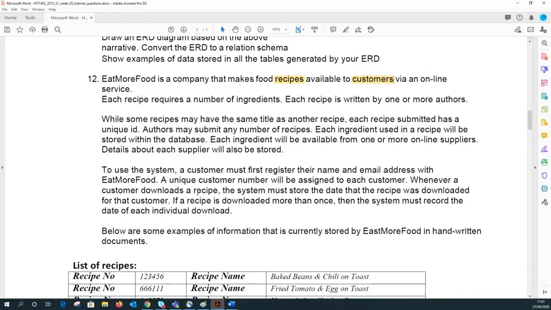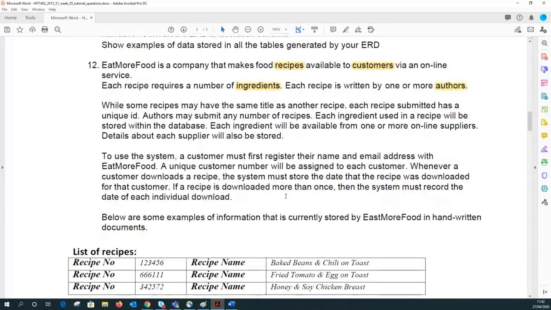Again, probably we need to capture the customer details, so I just highlight it. And each recipe requires a number of ingredients, so I will highlight that as well. And then the recipes are written by the authors, right? So I will highlight that as well. So looks like 1, 2, 3, 4. This looks like four entities, isn't it? But we don't have any idea. But let's keep reading, right?